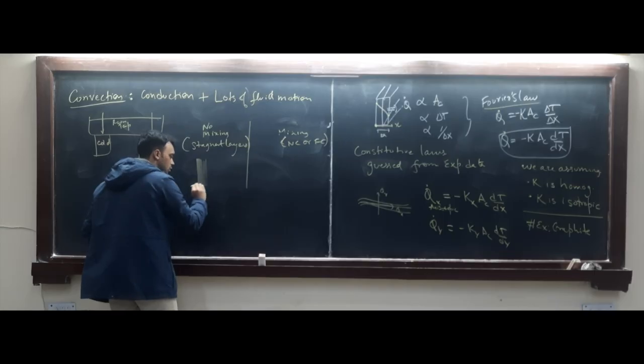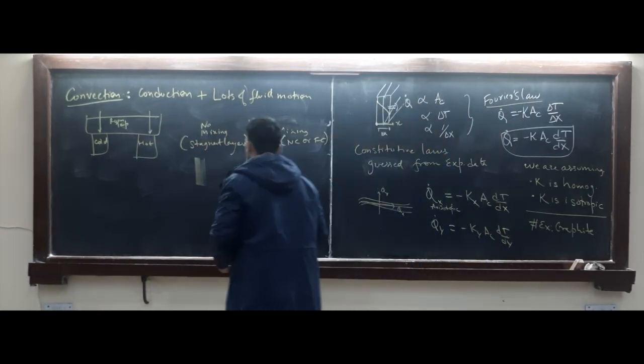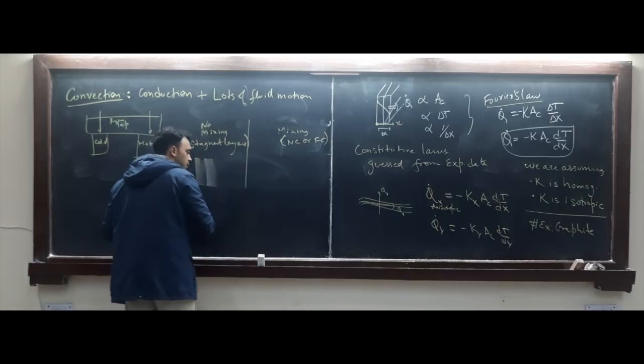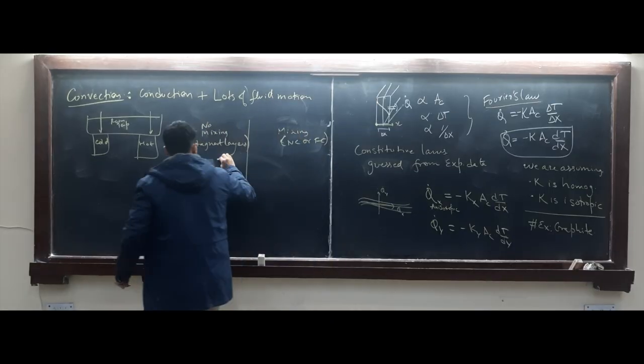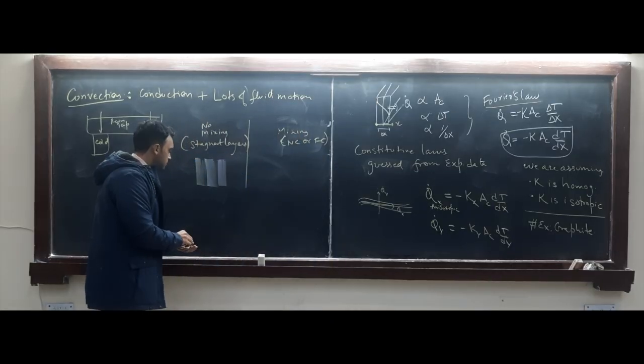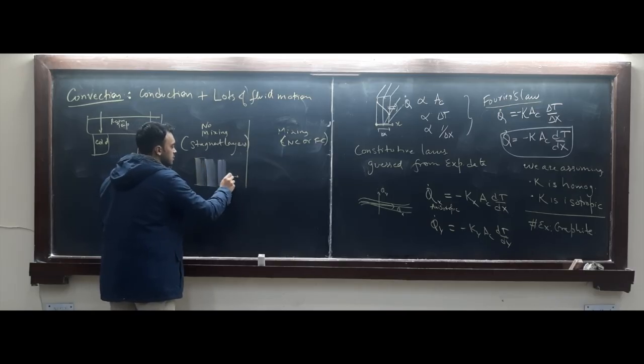So let me make this hot fluid layer, and then there is cold fluid layer, and even colder fluid layer is here. So if, again, this should be inverted, but whatever, the gravity is in this direction.